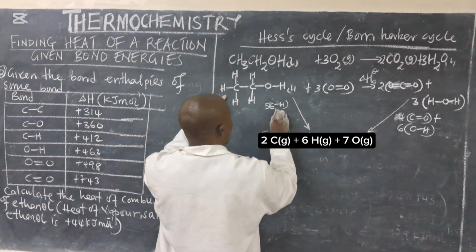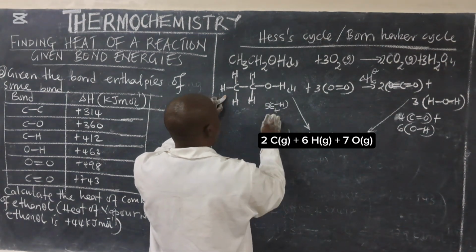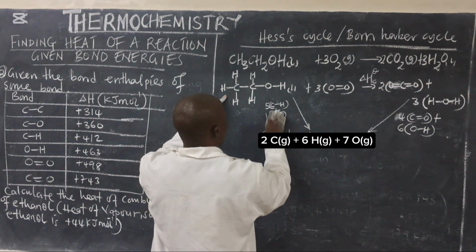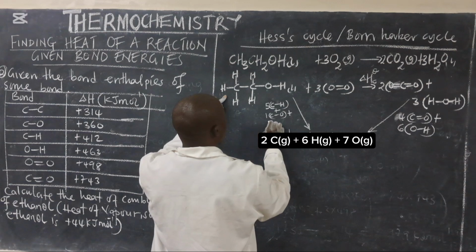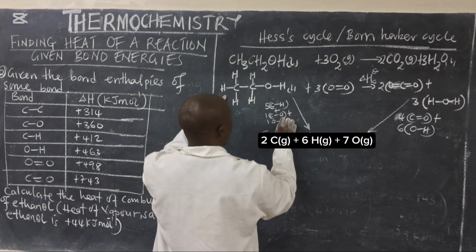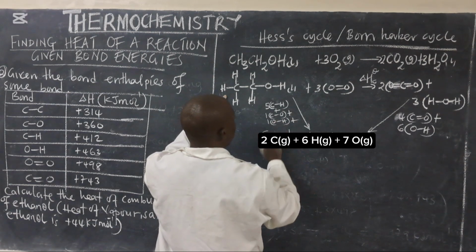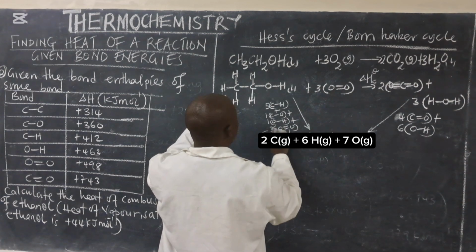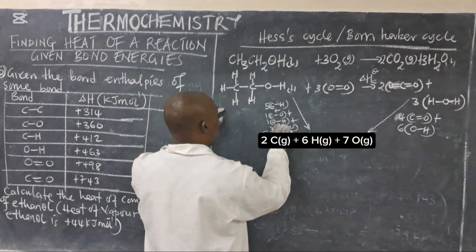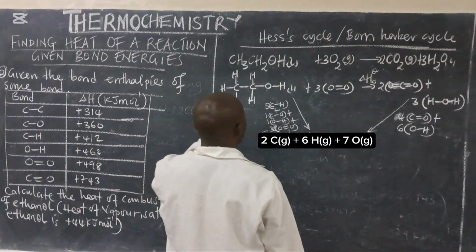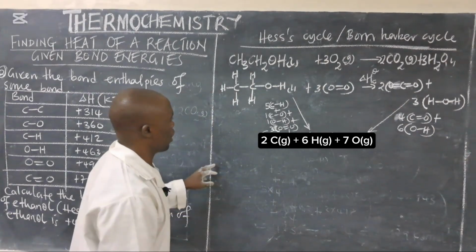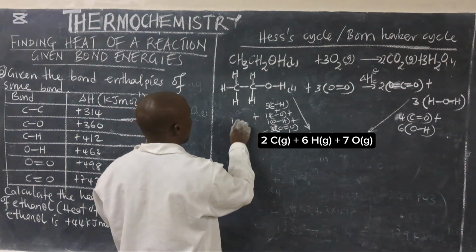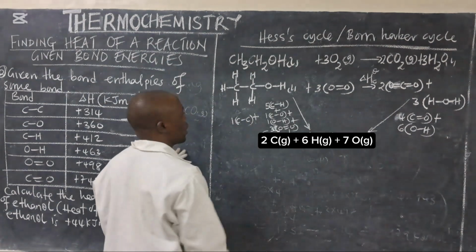So I'm going to add 1 of CO. Then I add also 1 of OH. Then I add also 3 of oxygen double bond. So basically those are the bonds. So I hope I've not left out anything. So I have 1 C bond.